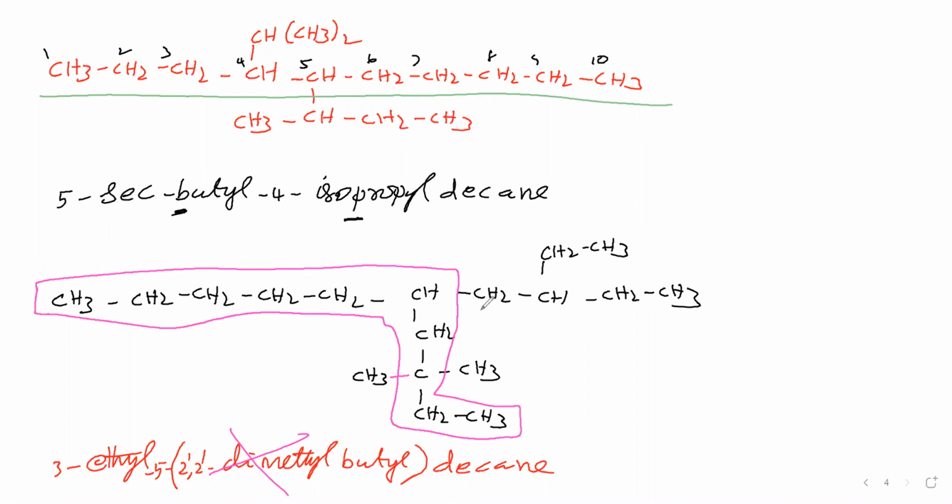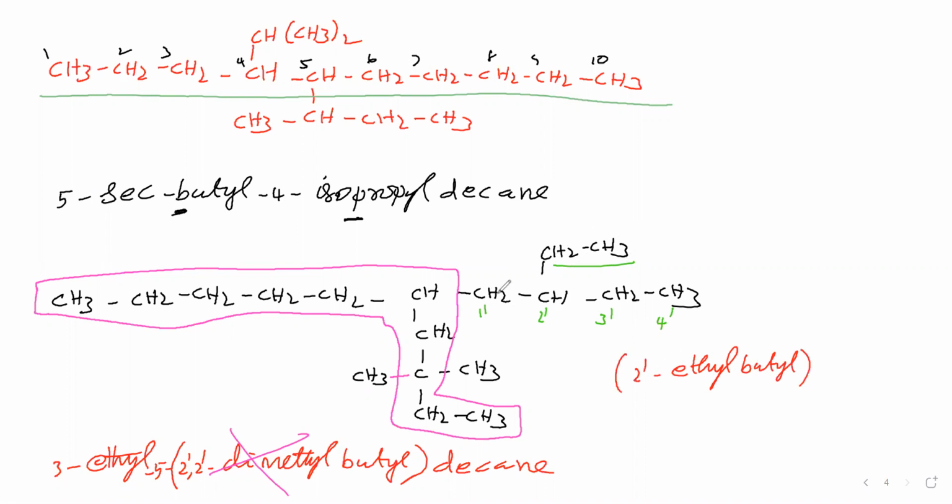For this we have to select the parent. In the parent, this carbon we are giving 1 dash, it is 2 dash, it is 3 dash, it is 4 dash. So, this is the branch. This branch name is ethyl. This we can say butyl. This ethyl is present at the 2 dash carbon.